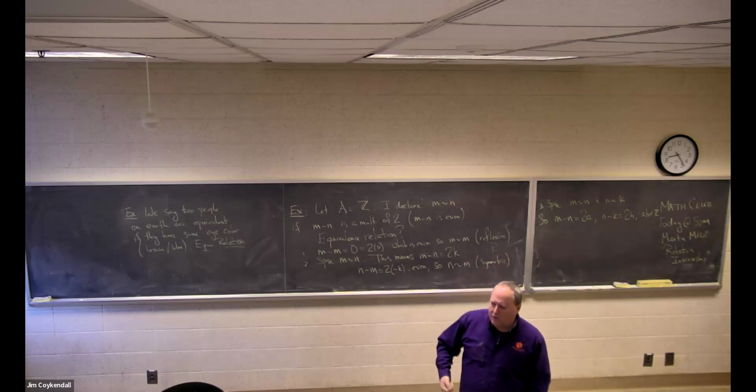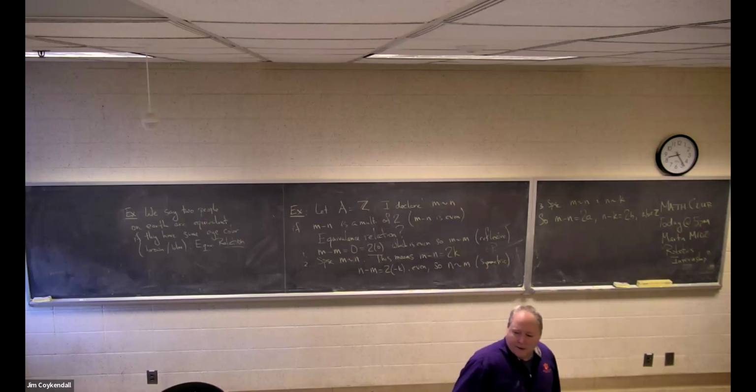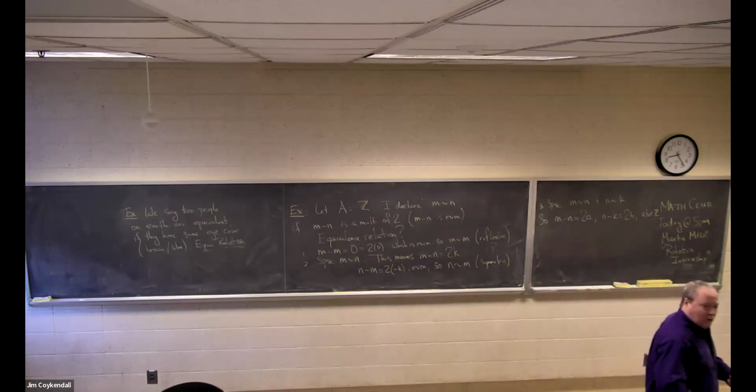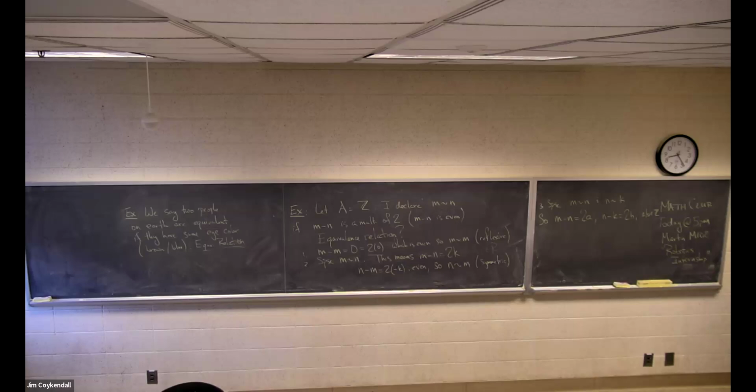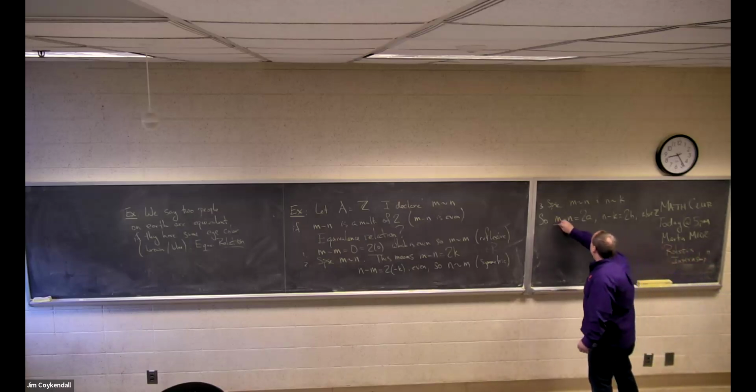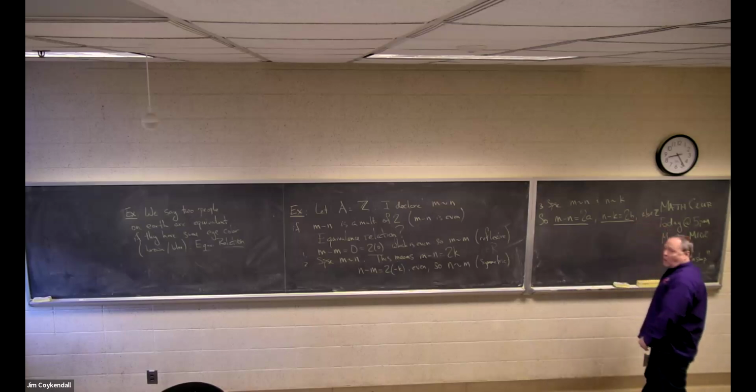Anybody know how we can move forward from this? Where am I going? What do I need to show here? I want to show that this is transitive, that m is related to k. Any ideas on how I can take my two factoids here and move forward?